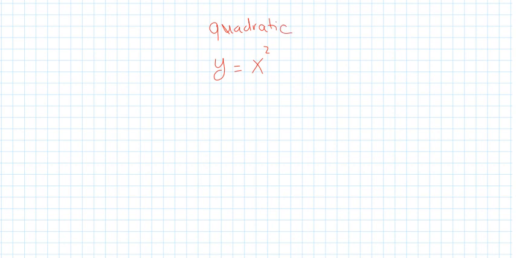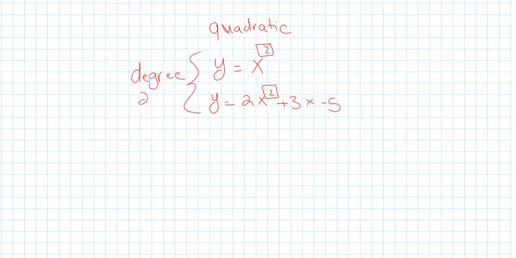So let's say if I have y equals 2x squared plus 3x minus 5, that's also called quadratic, okay? The reason why it's quadratic is because your highest exponent in the function is 2, okay? So that's degree or exponent or power 2, okay?